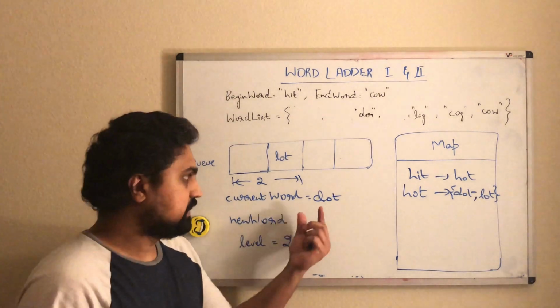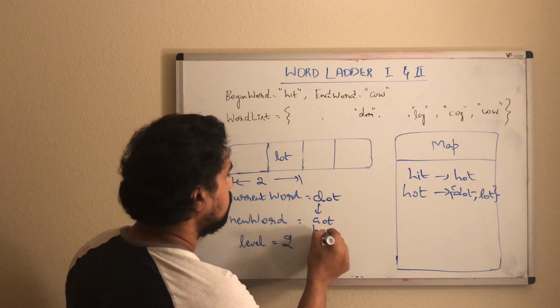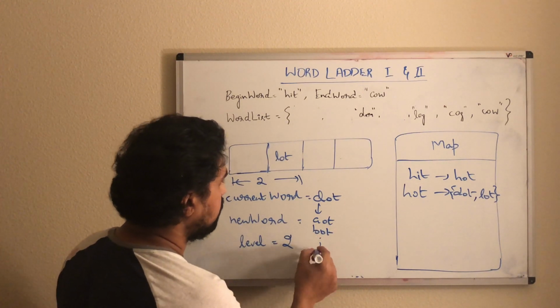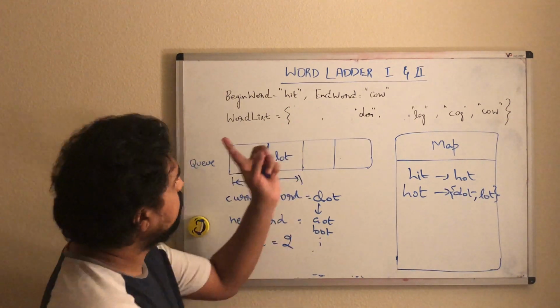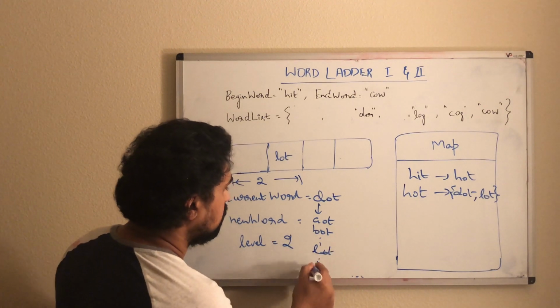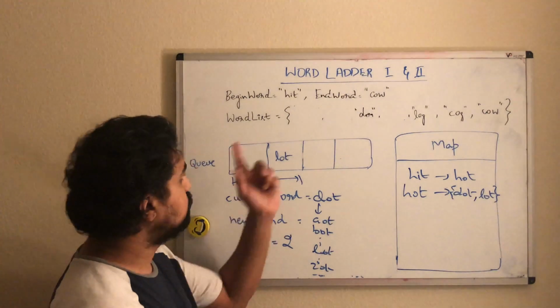We shall try replacing this word again. So we can try with AOT, BOT, etc. So we'll find LOT in the middle, that is already part of this queue, and we don't see that word. And ZOT. Now we don't find any other word that belongs to this word list.